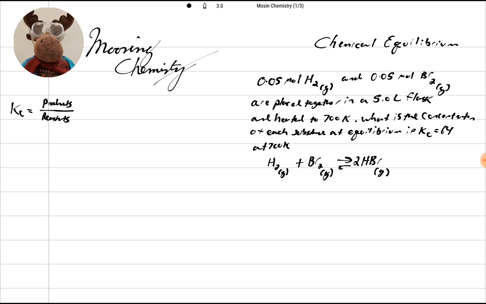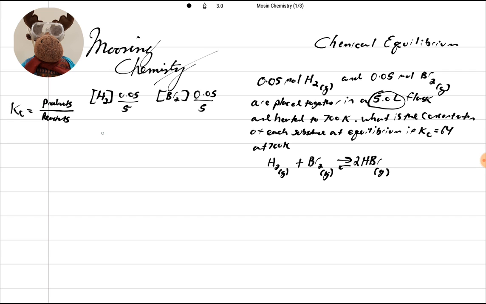But now we need to figure something else out. Oh, look, it's a 5-liter flask. That's important. So what we're going to do is take H2, which is 0.05, and divide it by 5 to get the new molarity. And then Br2, which was also 0.05, divided by 5 to get the molarity.